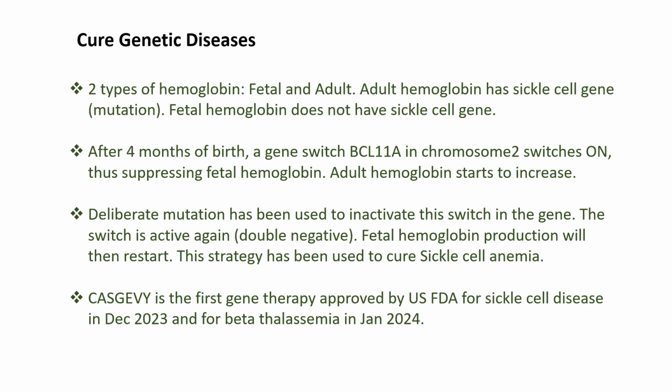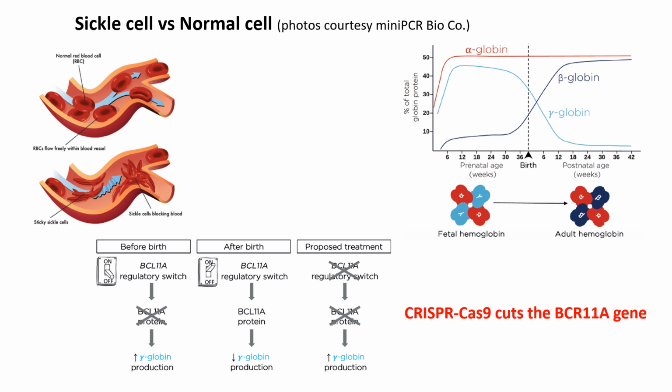Casgevy gene therapy treatment was approved by the US FDA in December 2023 for sickle cell and in January 2024 for beta thalassemia. The first patient was Victoria Gray. The patient was completely cured of sickle cell anemia. Alpha globin is common in both fetal and adult hemoglobin.